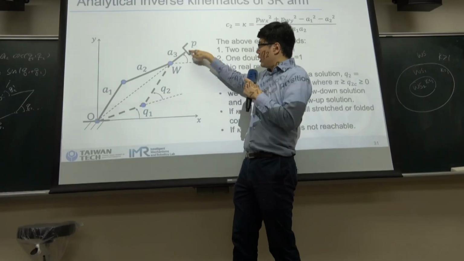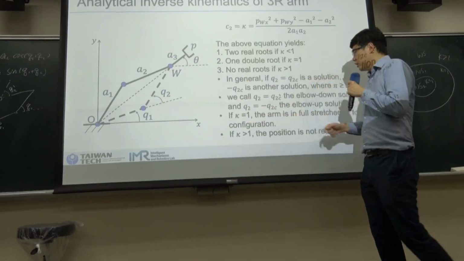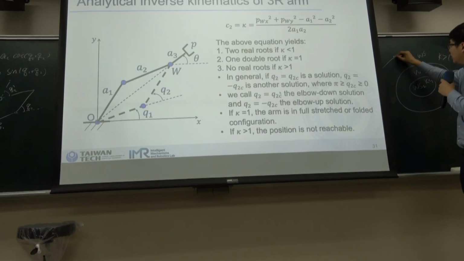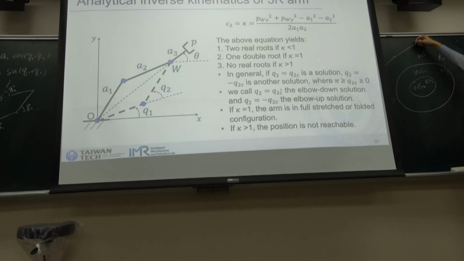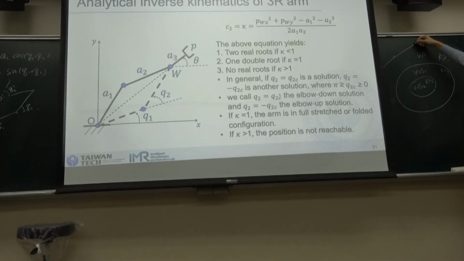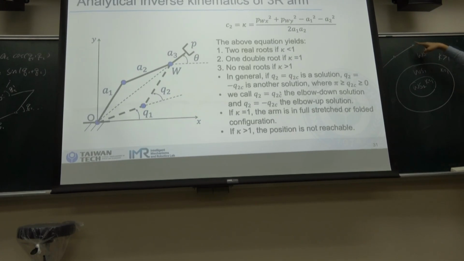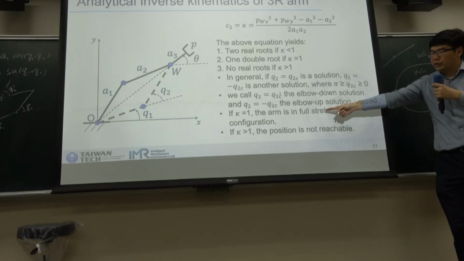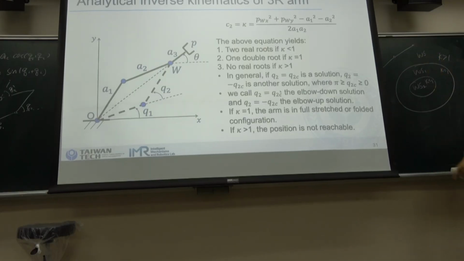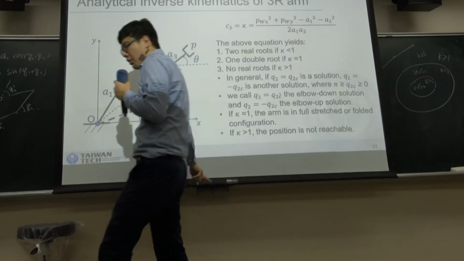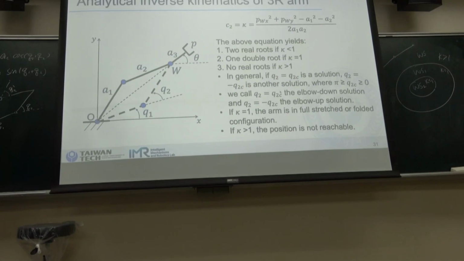If you are given a point on the straight line, this is the furthest position you can get. So at this point, we will only have one solution. And in between, you will have multiple solutions. So for this example, you have two solutions.